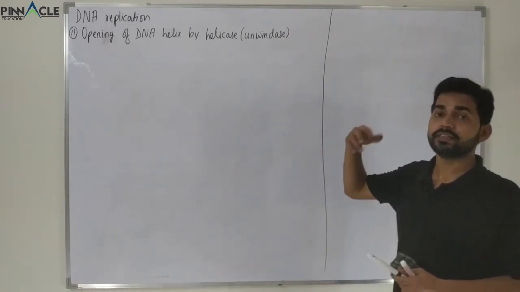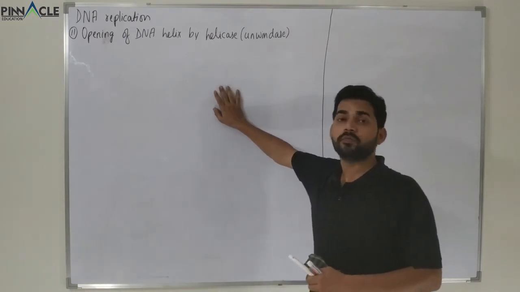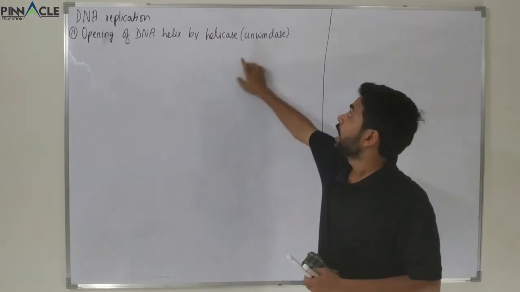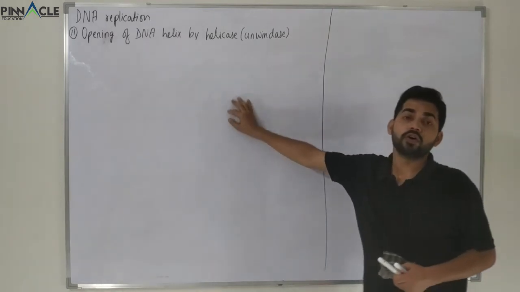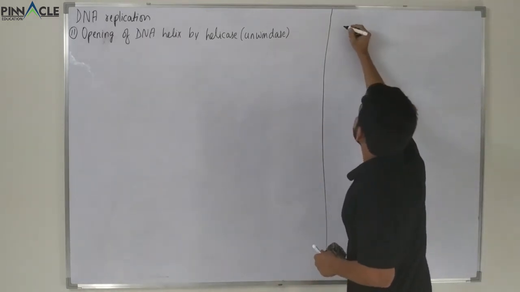We know that DNA is double stranded, and for replication to occur it will have to become single stranded. This is the enzyme which will cause the double stranded DNA to become single stranded, like this.